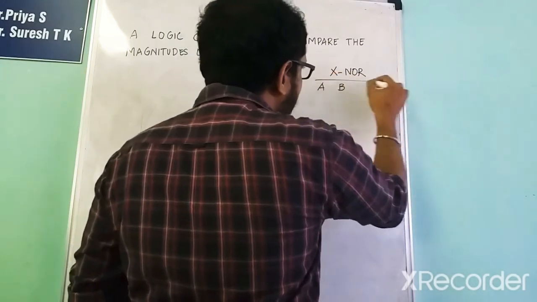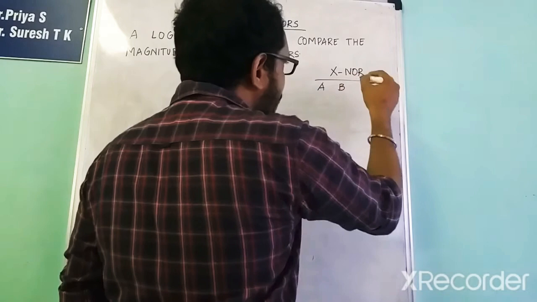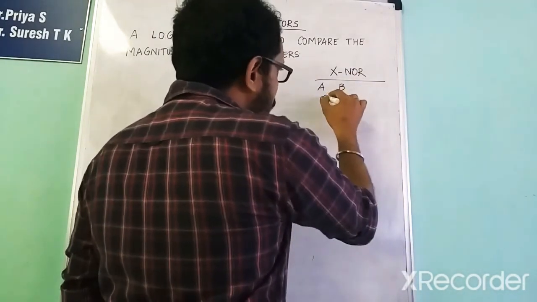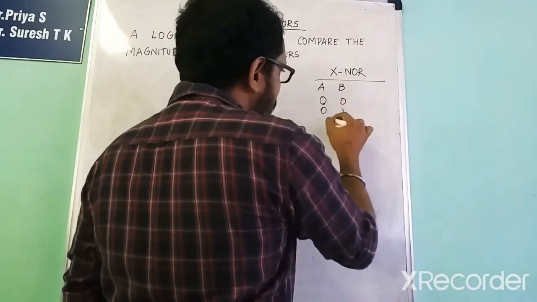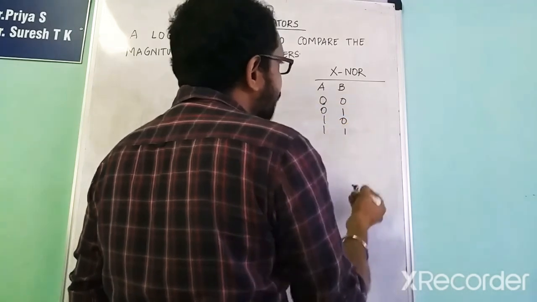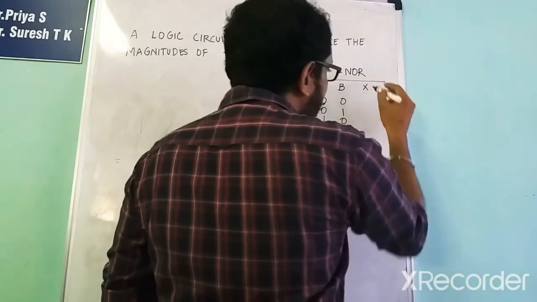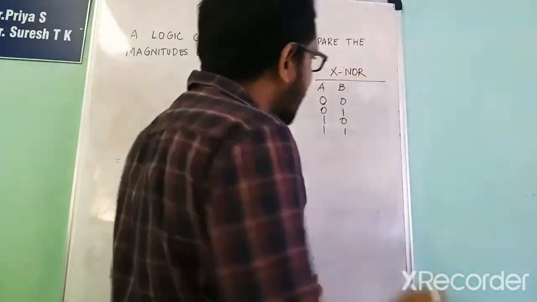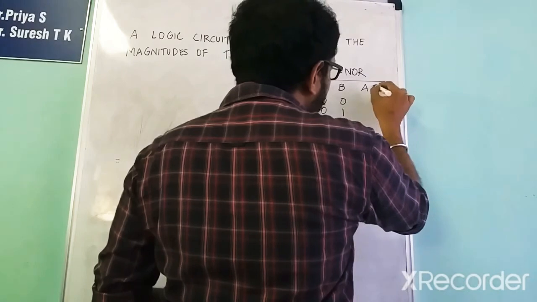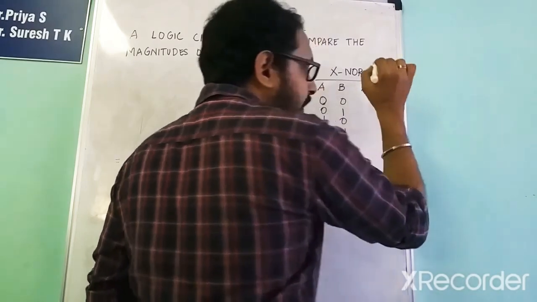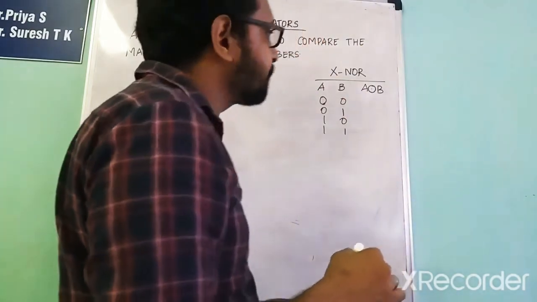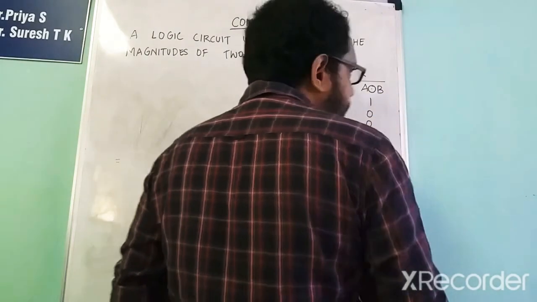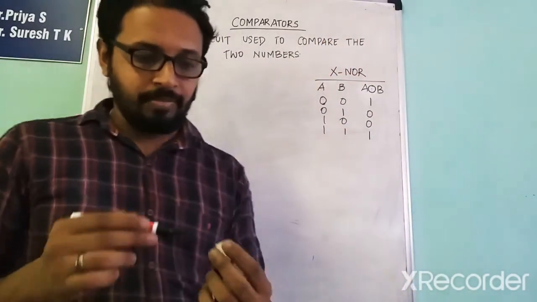In the case of the XNOR gate, for inputs 00, 01, 10 and 11, the output is 1, 0, 0, 1. You can write this as A XNOR B, with a dot and a circle around it.